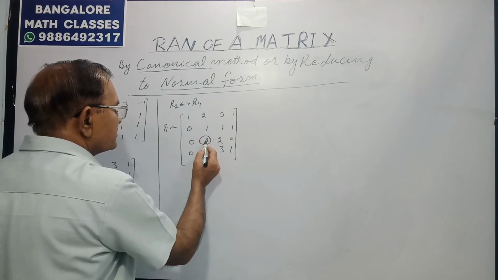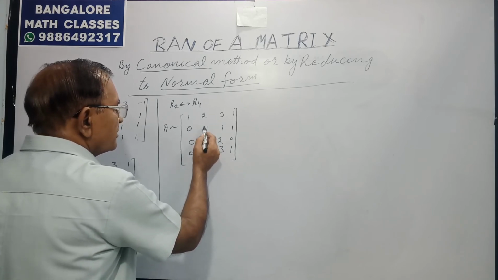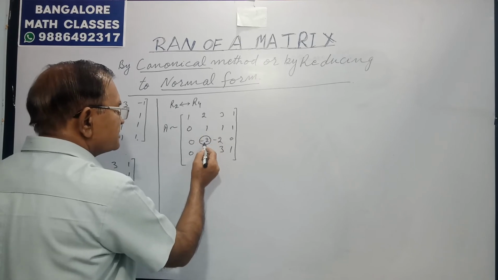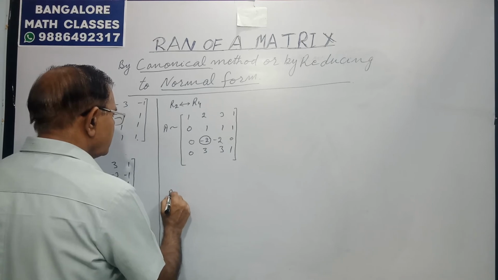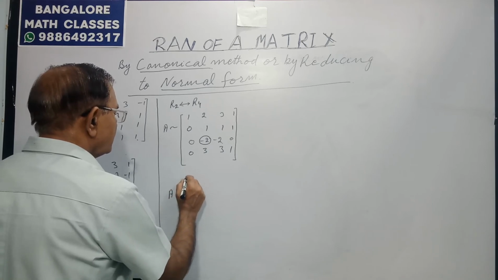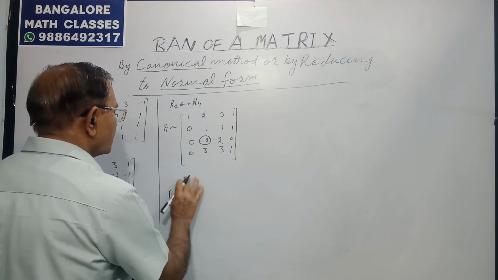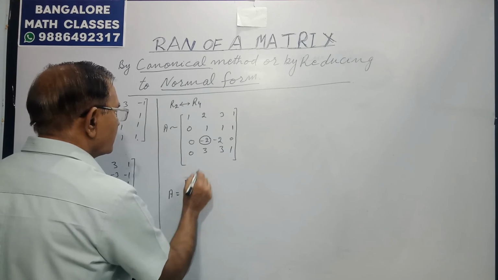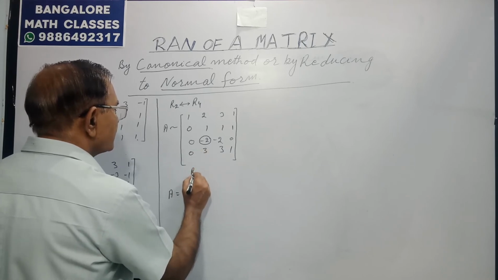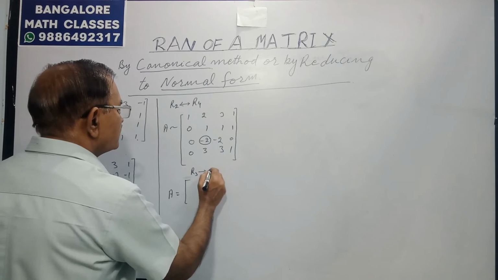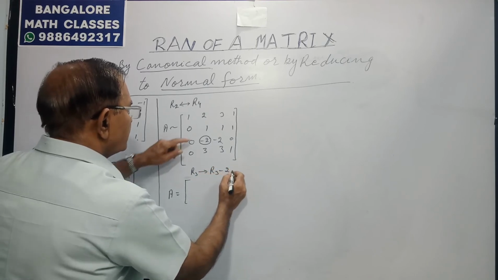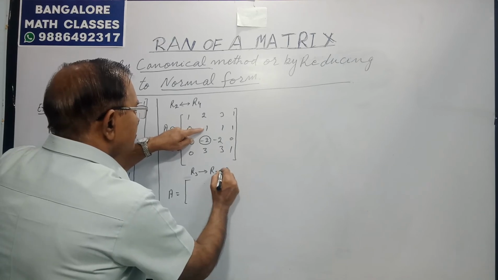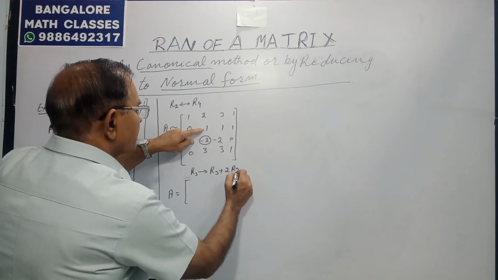Double and subtract, double and add, and I will get 0 here. See what I am telling you. R3 becomes R3 plus double of R2.